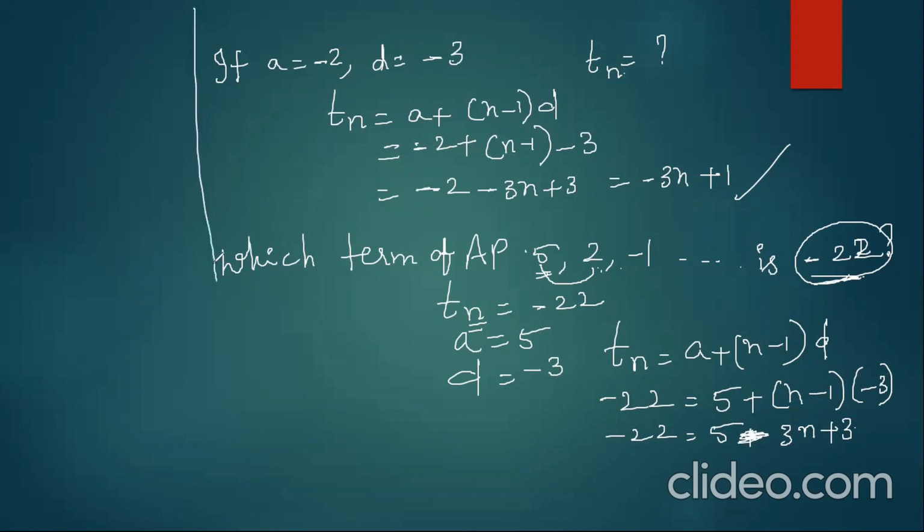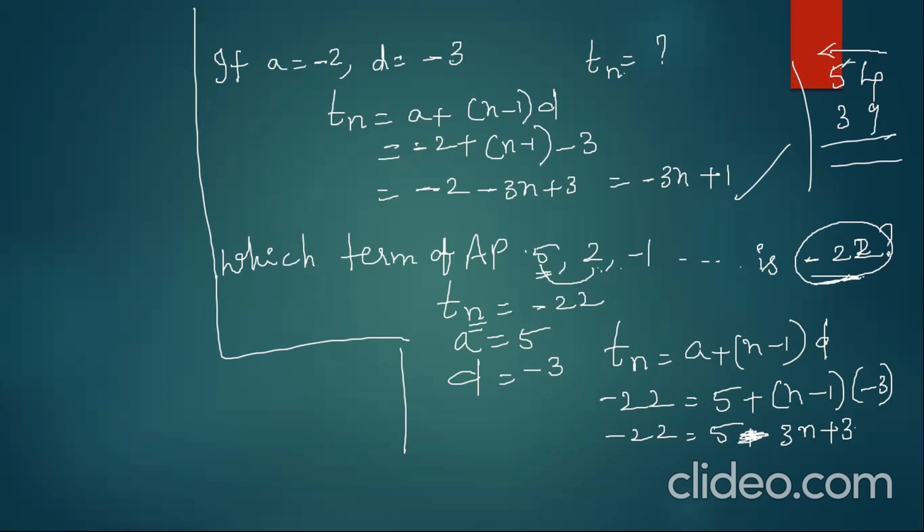So here I am moving from right to left. In Vedic mathematics also, generally what do we do in addition or subtraction? Let us take 54 minus 39. Generally we move from right to left, right?